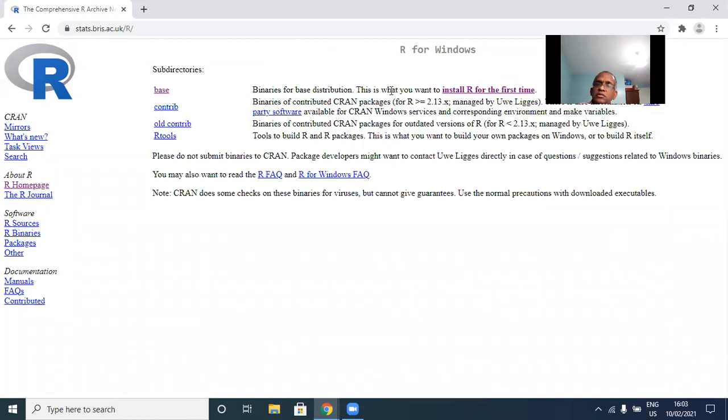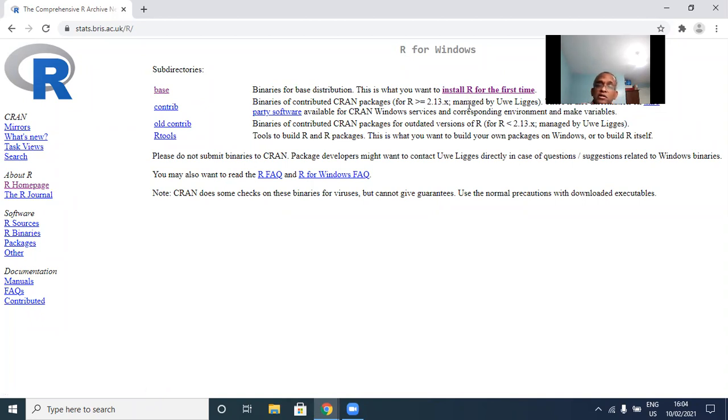Now, if you're using R for the first time, you will click on this, right? Once you click here, it will take you through a number of steps, and you'll be able to install R on your computer.